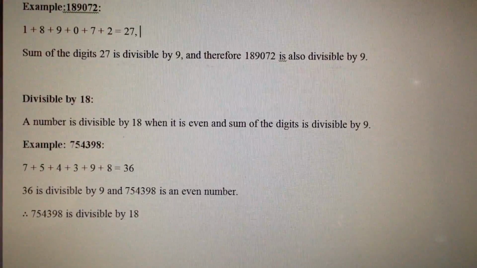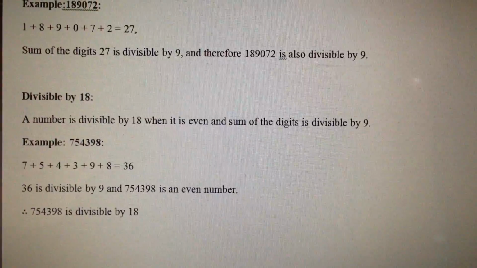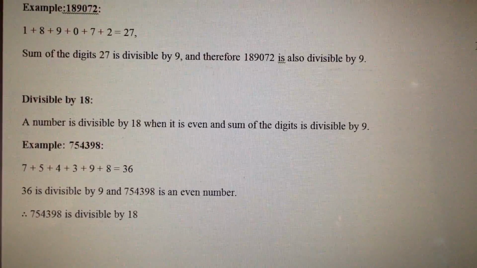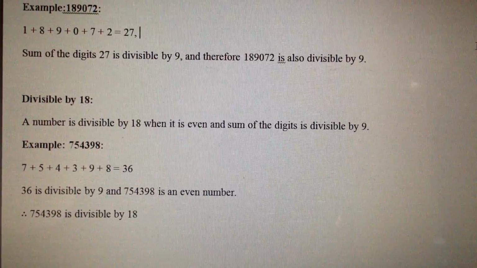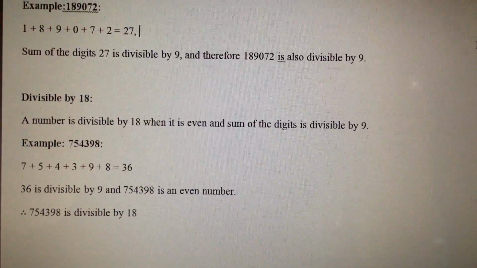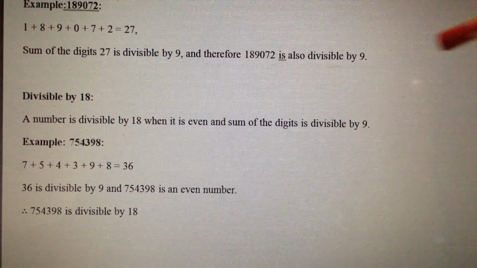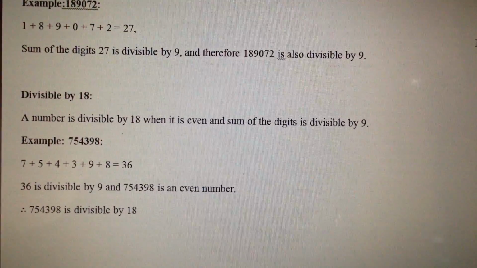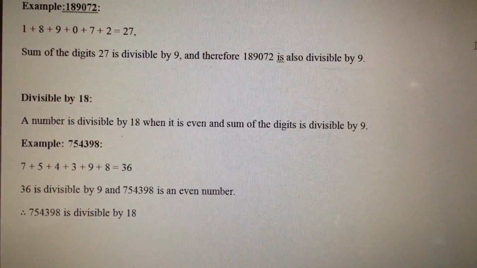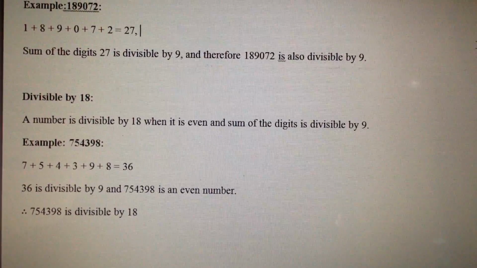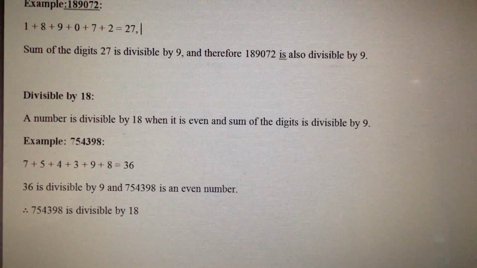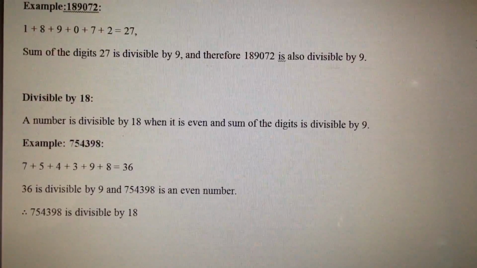A number is divisible by 18 when it is an even number and the sum of the digits is divisible by 9. There are two conditions in this divisibility rule. One is the number should be an even number and the sum of the digits should be divisible by 9. That is the second one.